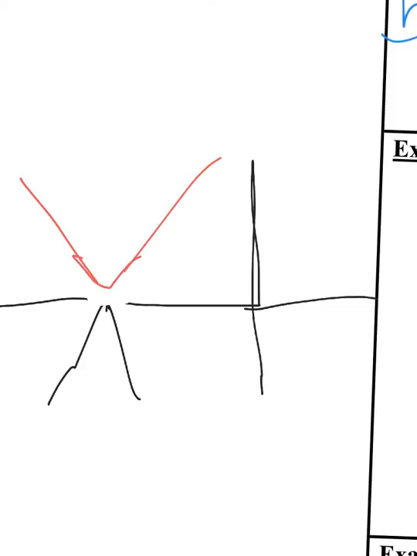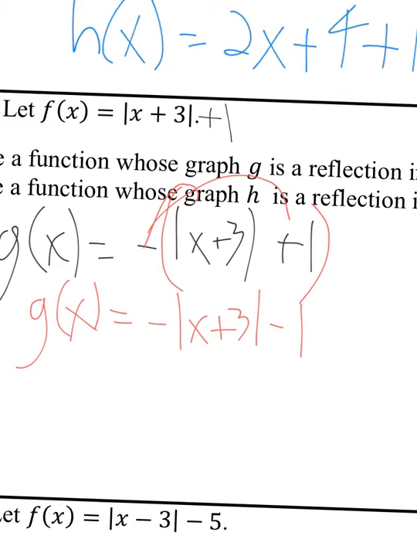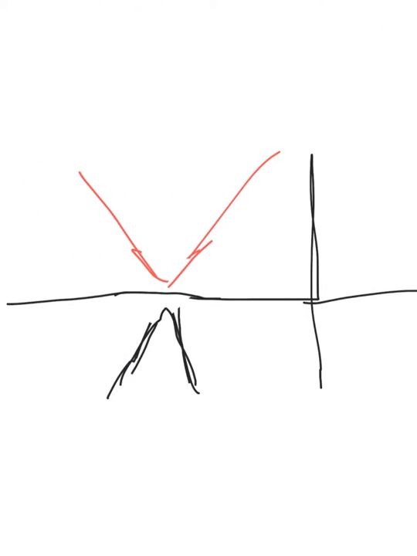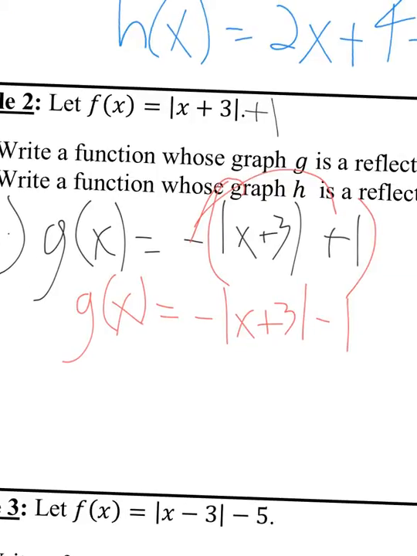So it looks kind of like that. And the other one, if you didn't distribute that negative 1, it would be touching, they'd be like touching vertexes. But to properly reflect it, if that one's 1 up away from the x-axis, the other one needs to be 1 down away from the x-axis. So that's why you need to remember to distribute that negative. Okay? It sounds kind of confusing when I draw it because I'm terrible at drawing, but if you have a graphing calculator, just look at it that way.